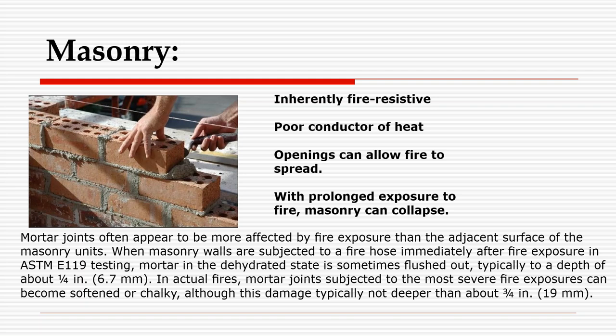Again, picture a cast iron pan on your stove being heated. If you touch the handle, the cast iron is tightly packed together with molecules, so you'll feel the heat soon, as opposed to a wooden, maybe a broom handle. If you expose one side of it to a fire, you're not going to feel the other end get warm or hot because wood is a poor conductor. So in this case, masonry is a poor conductor of heat.